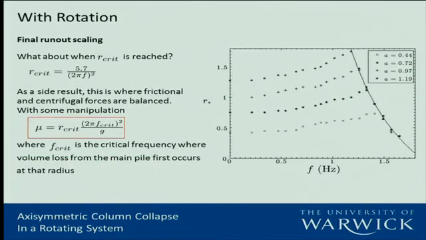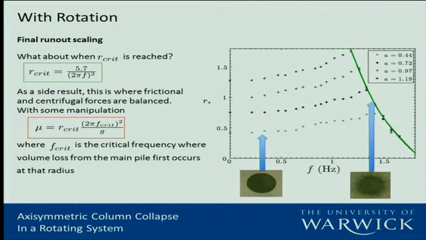So flipping the analysis around, if we consider fixed aspect ratios but increase the frequency, as we've seen from the videos, as we increase the frequency, the runout is going to increase up to a point, and then we get contraction to this critical radius. And so then the final radius of the pile is also going to decrease, following this line as shown here.